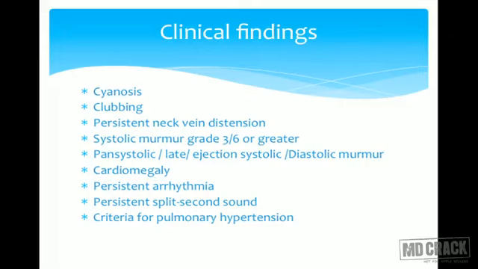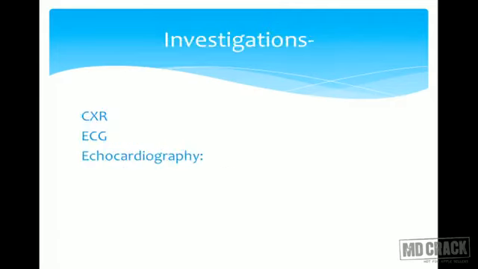Cardiomegaly will be found on investigations. There would be persistent arrhythmias or persistent split second heart sound, and or the presence of pulmonary hypertension, which is very critical.